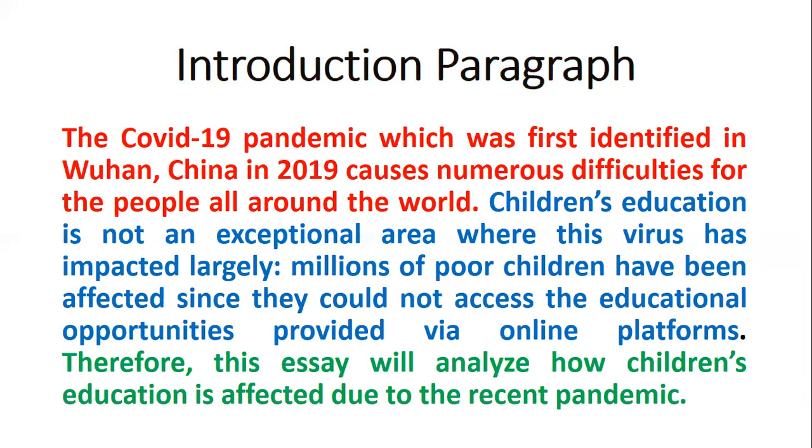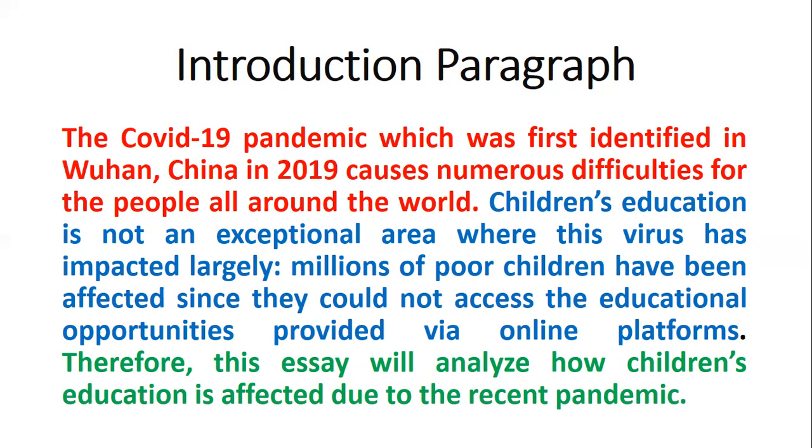The sentence in blue indicates the writer's stance or position regarding the topic. The sentence in green indicates the outline. You can read the first sentence of the introduction paragraph.